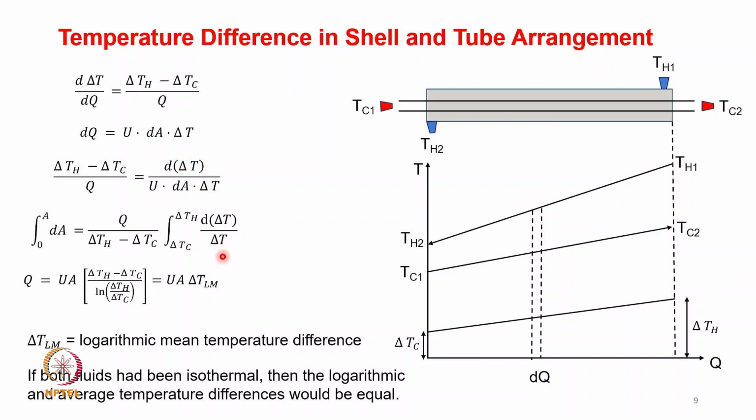So now you can see that the differential variables in this expression are only dA and delta T. So we can integrate the area from 0 to A and integrate the temperature from delta Tc to delta Th. Again, simple integration. So isolating Q would result in U A times delta Th minus delta Tc divided by ln of delta Th by delta Tc.